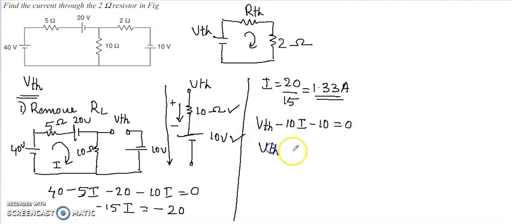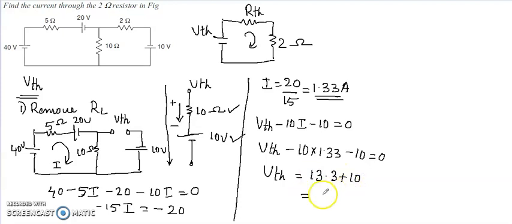So VTH minus 10 into 1.33 minus 10 is equal to 0. Therefore, VTH is equal to 13.3 plus 10, that is equal to 23.3 volt. That is our VTH.